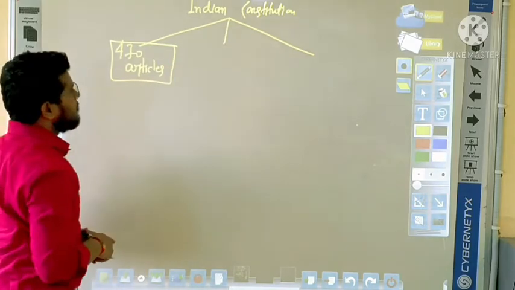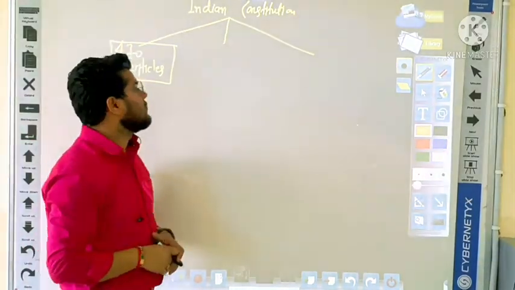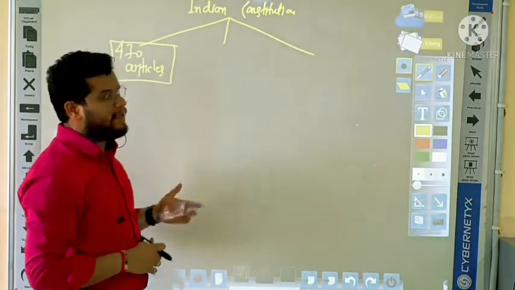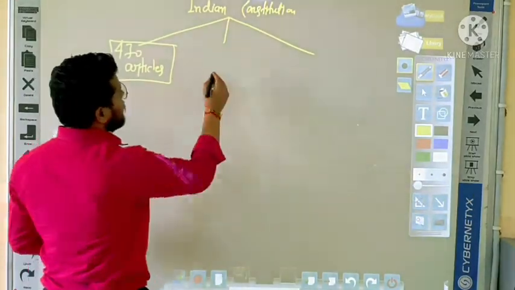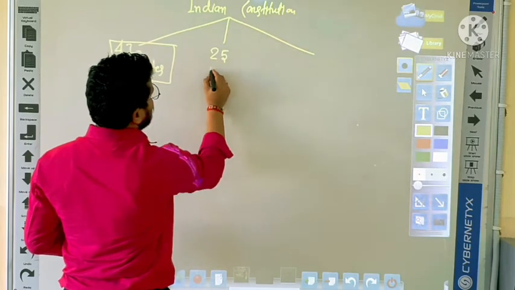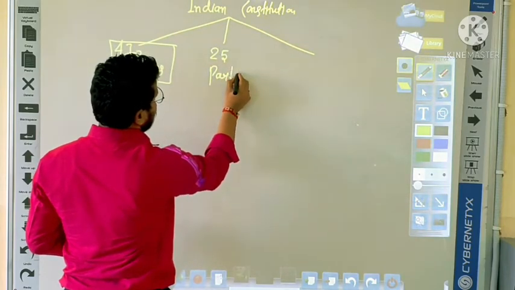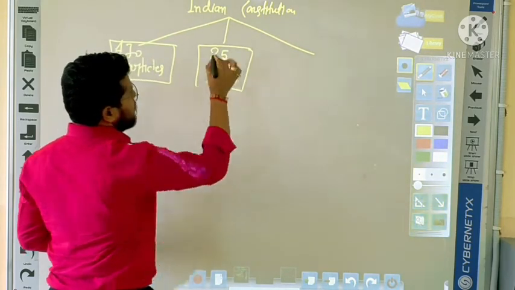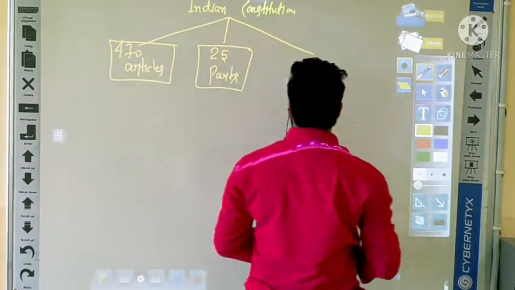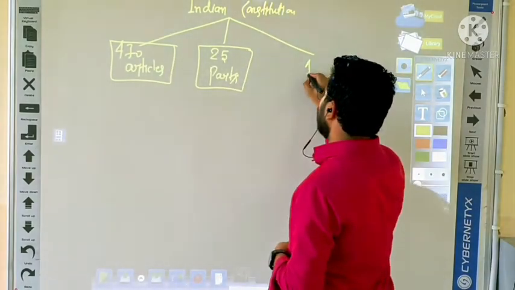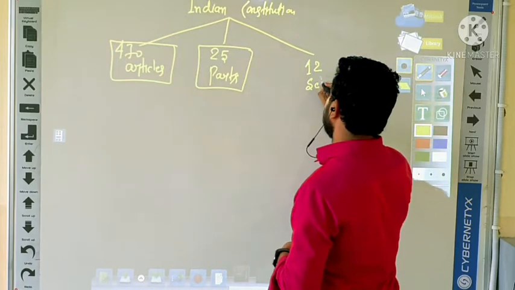Now you should not have any problem: what do you mean by articles, I just discussed. And currently today we have 25 parts, and now today we have 12 schedules.